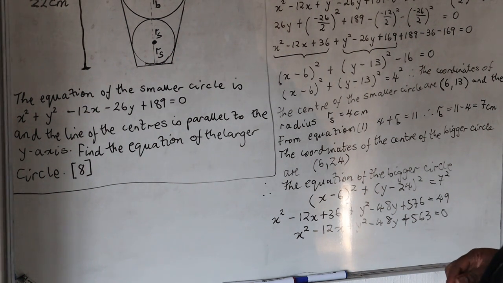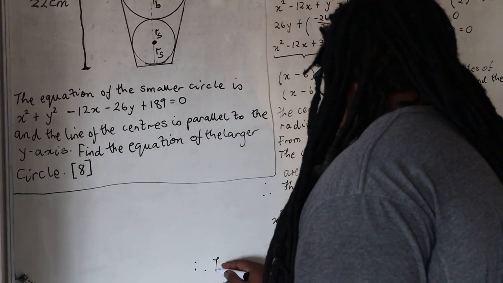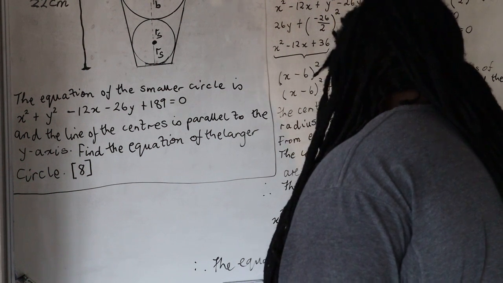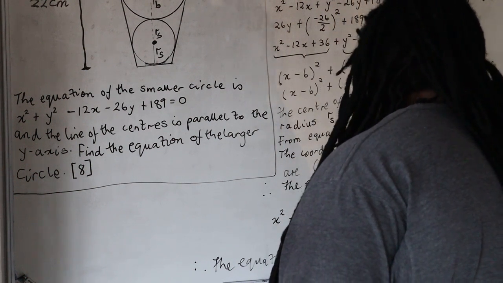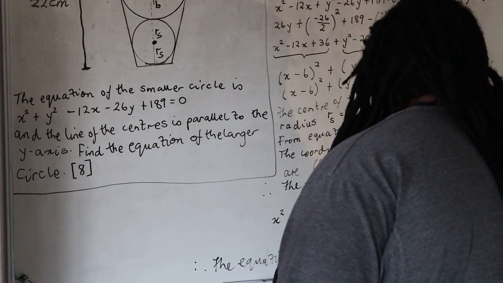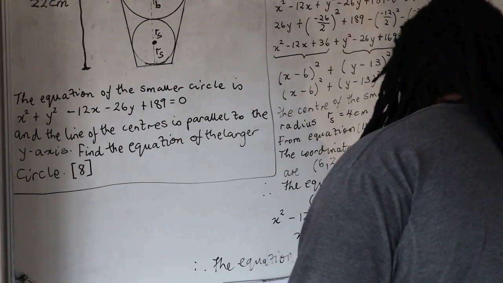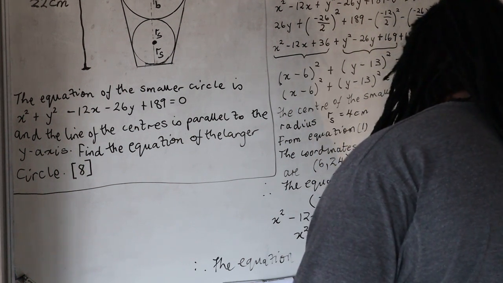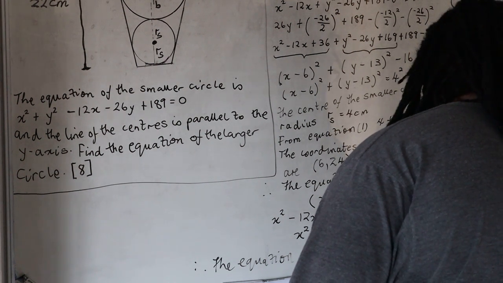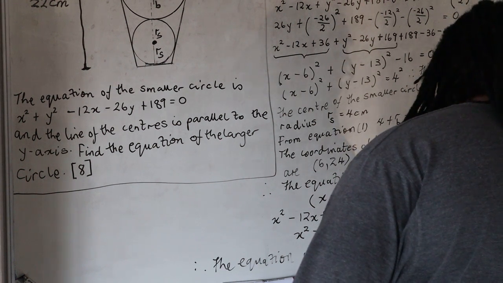So we can say, therefore, the equation is x squared plus y squared minus 12x minus 48y plus 563 equals to 0.